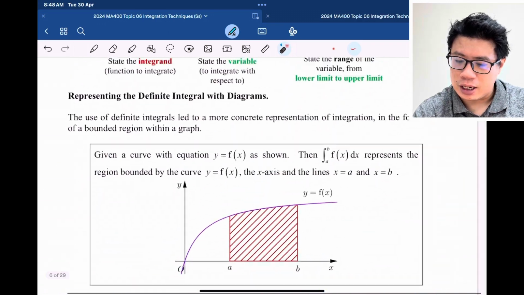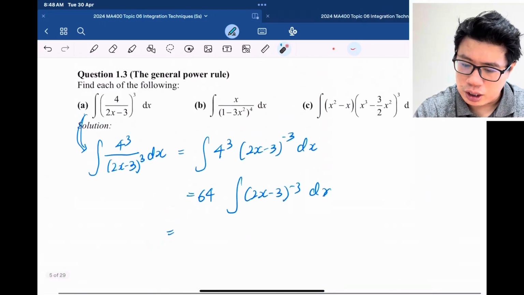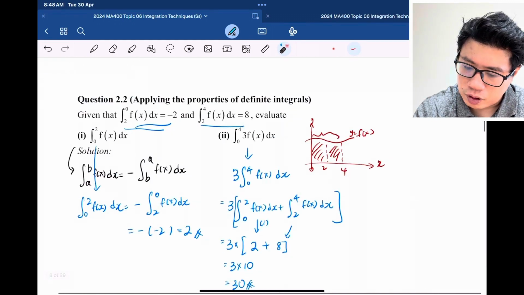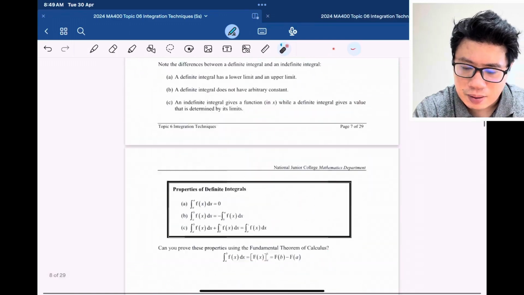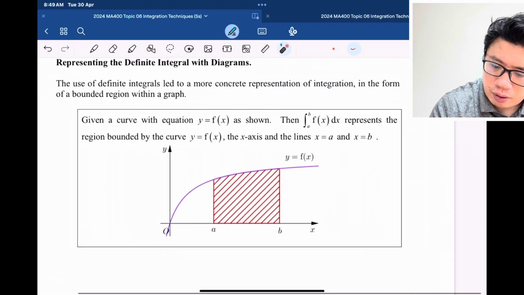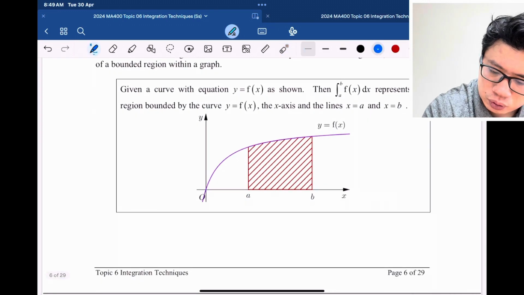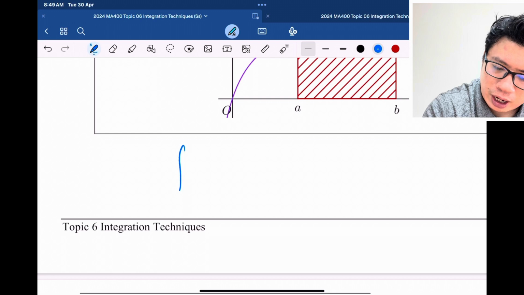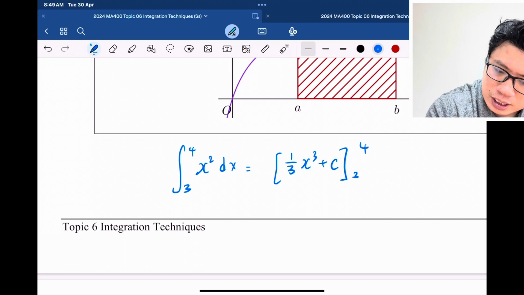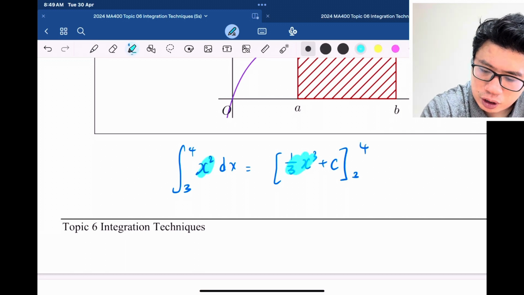If I look at the question earlier, when we do the integration, let's say I integrate x squared dx from 3 to 4, and say like just now I write down 1/3 x cubed plus c from 3 to 4. Since I follow part 1, I know that there's an arbitrary constant.